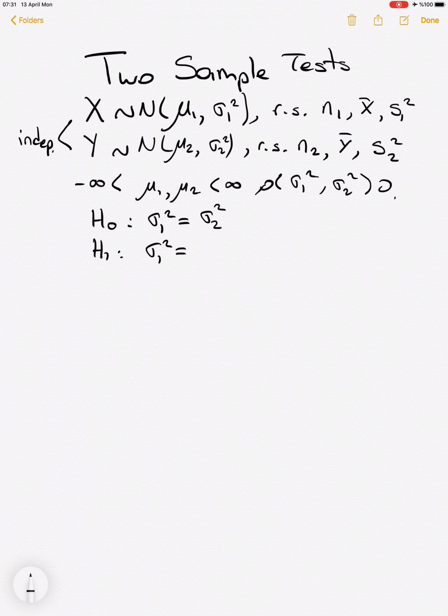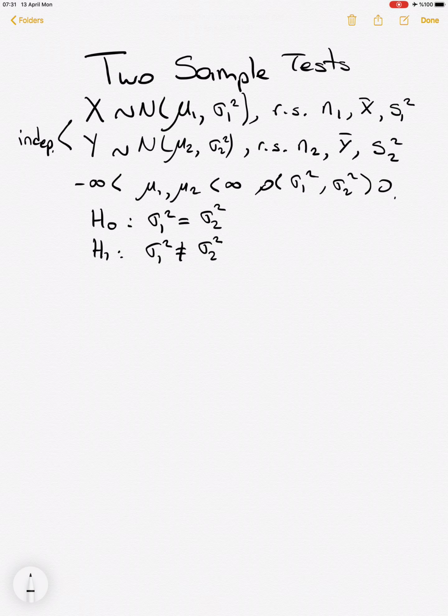We use this test prior to testing the equality of population means. We have an assumption that sigma 1 square equals sigma 2 square, and we have a different solution when sigma 1 square is not equal to sigma 2 square. So before handling that test, we have to conduct the equality of variances test.